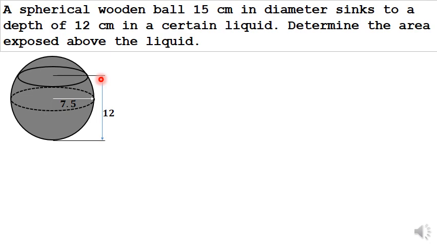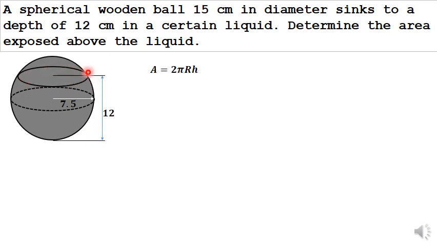How do we know that the zone must be somewhere here on the other side of the hemisphere? It is because the diameter of the sphere is 15 and the height that is submerged is 12. It means it must be greater than the radius of the sphere, which is 7.5. Then the location of our zone must be somewhere here.